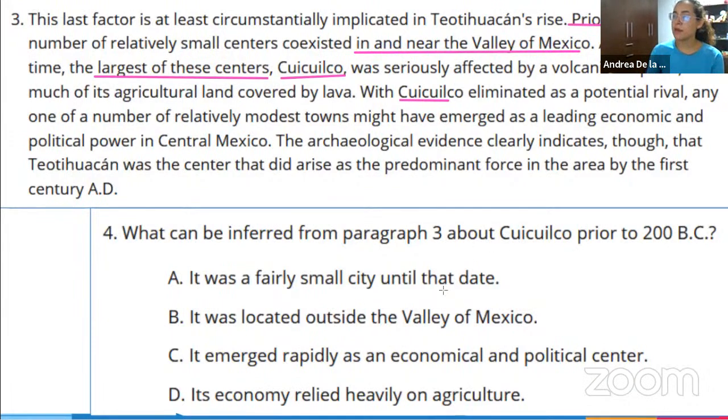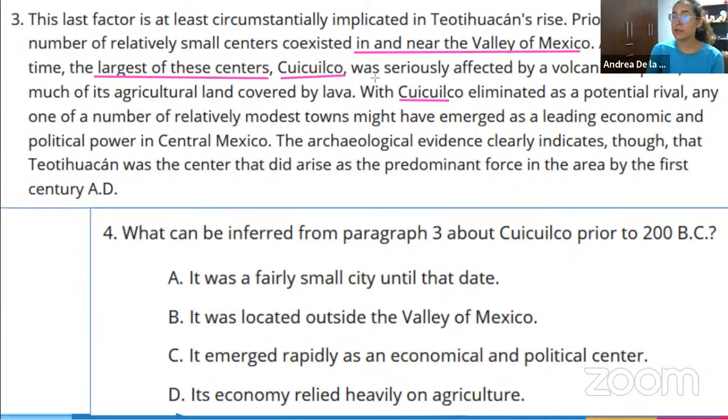We know that Quiquilco was the largest of those centers that coexisted either inside the Valley of Mexico or near the Valley of Mexico. We don't know where, if it was inside or near the Valley of Mexico. But we know that it was the largest of those centers. What else do we know? Then they say Quiquilco was seriously affected by a volcanic eruption.